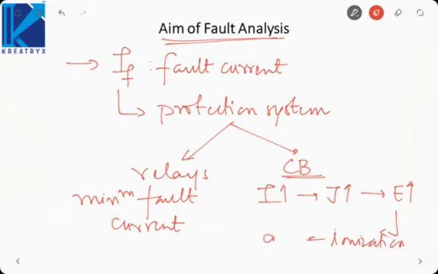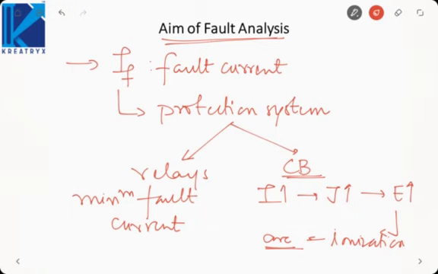This is called an arc. So whenever the circuit breaker tries to separate, an arc will be struck between the circuit breaker contacts, and till the arc is present, there will be current conduction between the two contacts via the ionized medium, because the ionized medium will act as a conductor to conduct the current between the two plates.